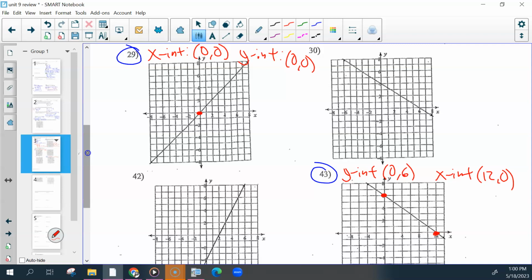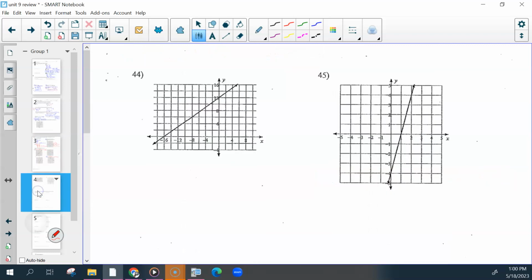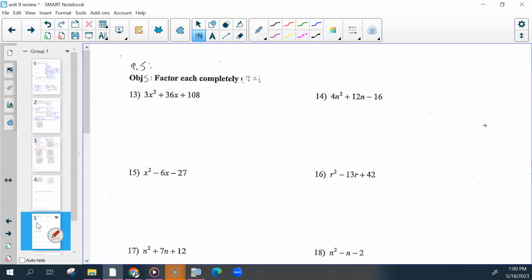Go on to the next page. On the last 2 pages, so skip intercepts, go to factor, because we've covered all the intercept stuff. On the last 2 pages, they are different problems, but they both show the same type.